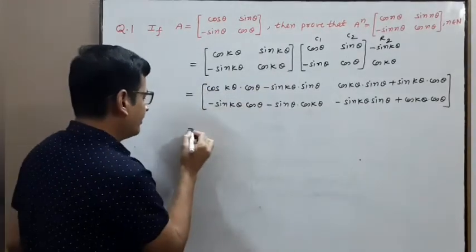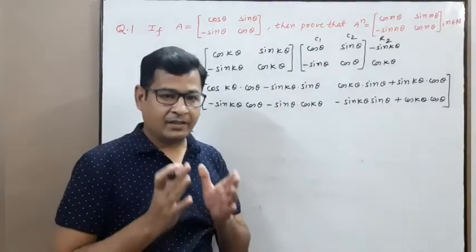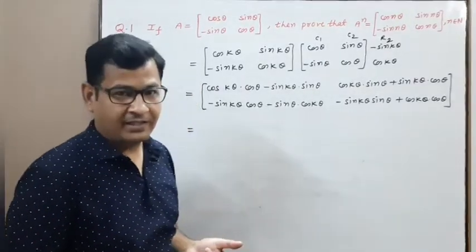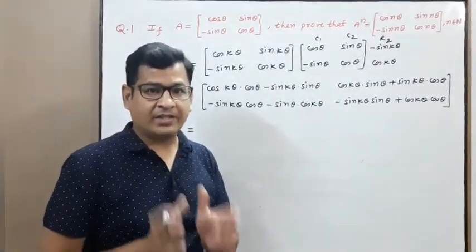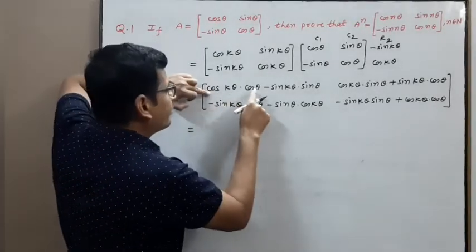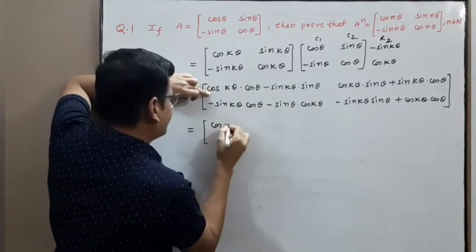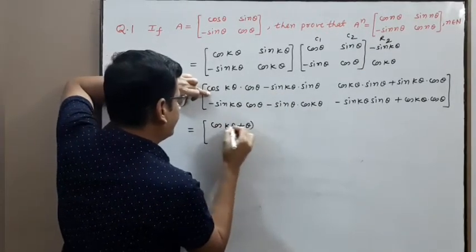Now apply the formulas: sin(a plus b) equals sin a cos b plus cos a sin b, and cos(a plus b) equals cos a cos b minus sin a sin b. So this is cos a cos b minus sin a sin b, the formula of cos a plus b, cos of k theta plus theta.